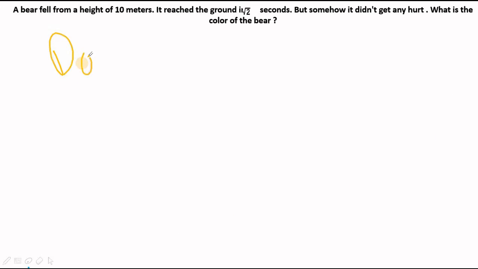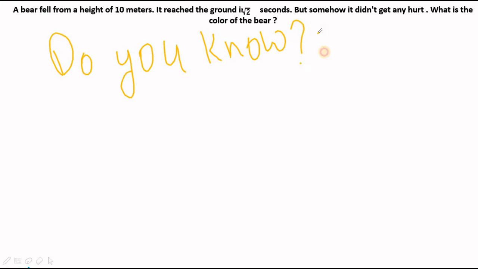So, do you know what is the highest gravitational force that we have on Earth? It's nothing but 10 meter per second square. So, it's the highest that we have on Earth. So, where do we find that highest gravity? We find it in which place on Earth?